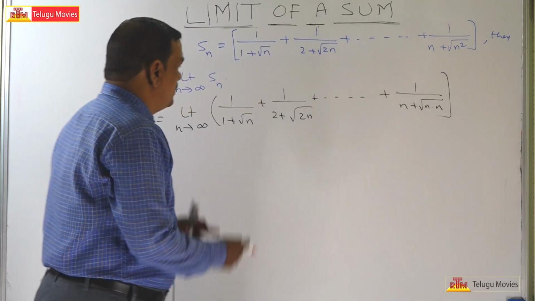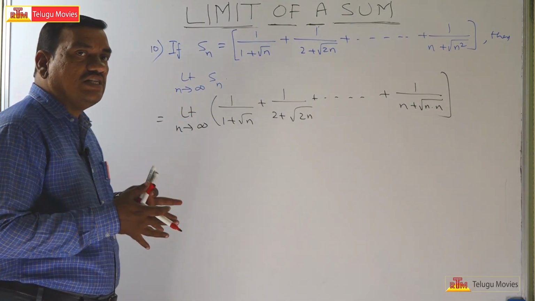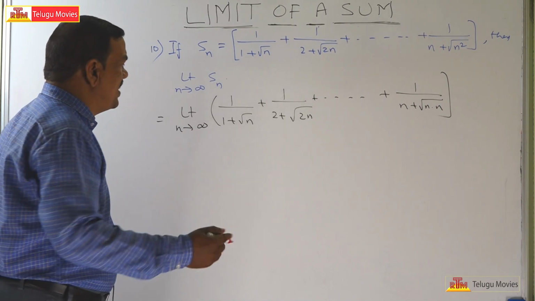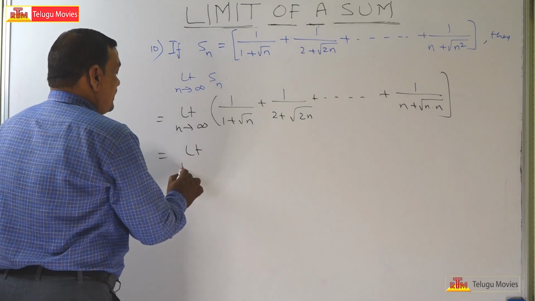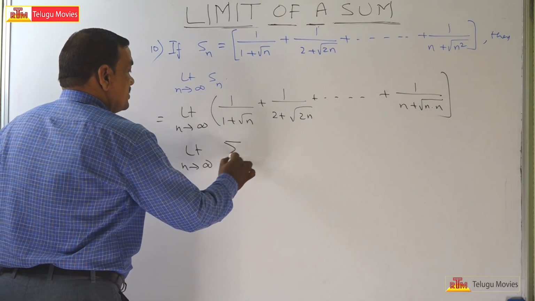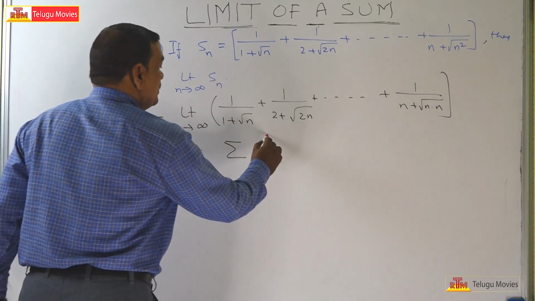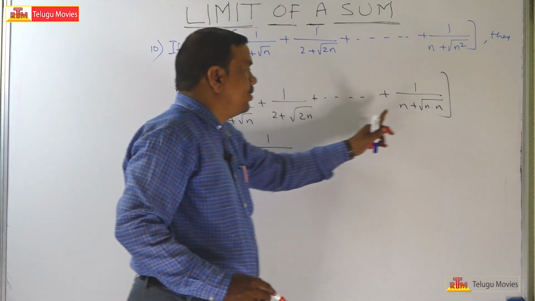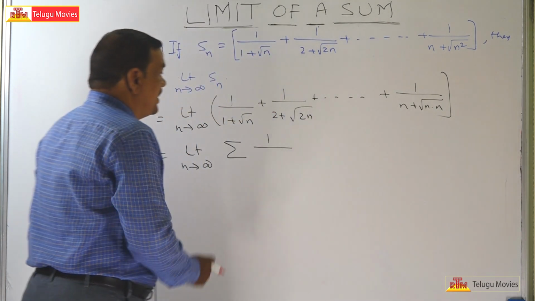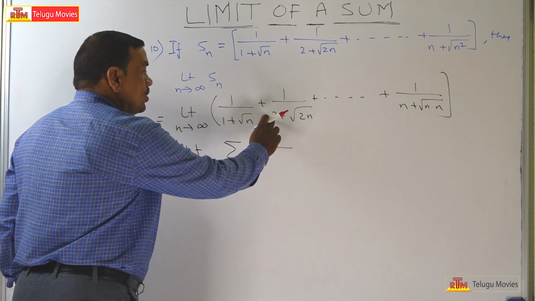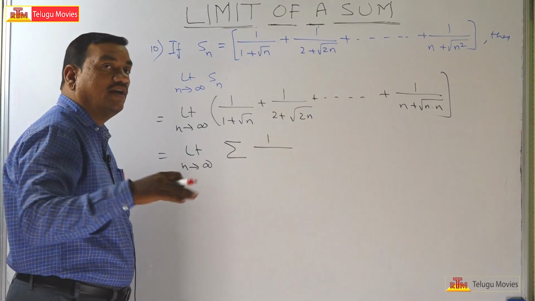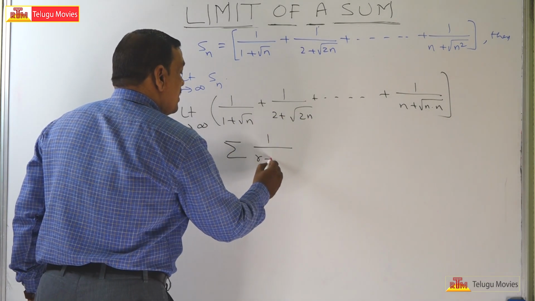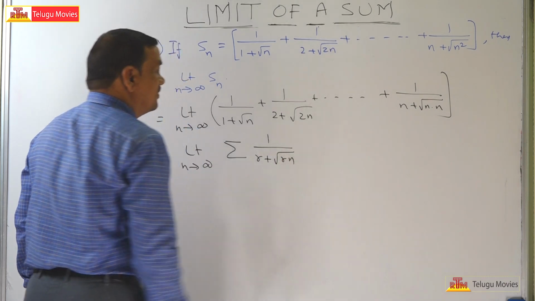Now, how to change this expression into sigma notation? Very easy. So this is a limit n tends to infinity sigma. So what are the constants? Here 1 is constant. Here root n is there. Outside 1, 1n, 2, 2n, 3, 3n. That means it is r plus root of rn.